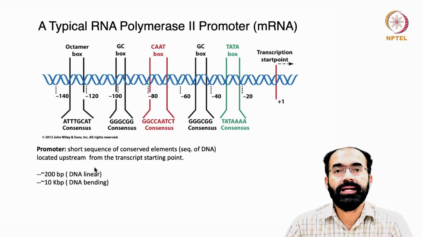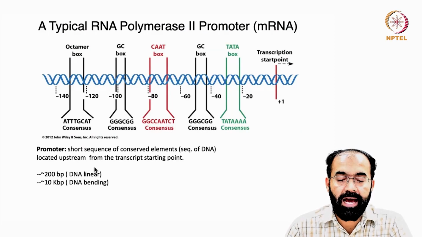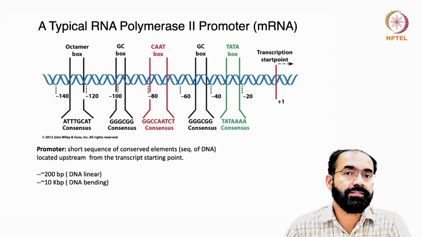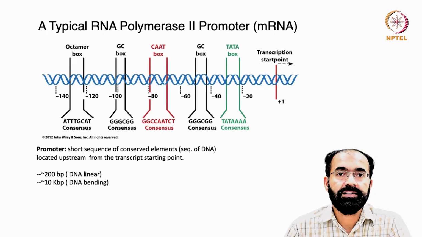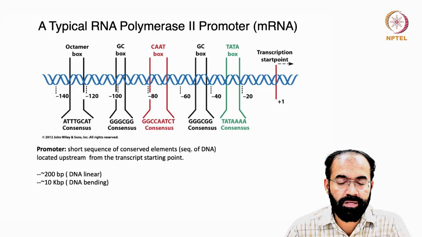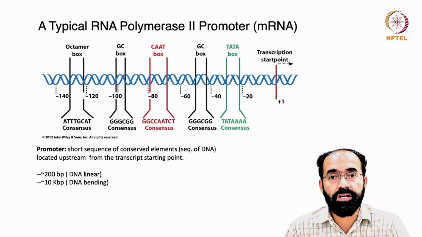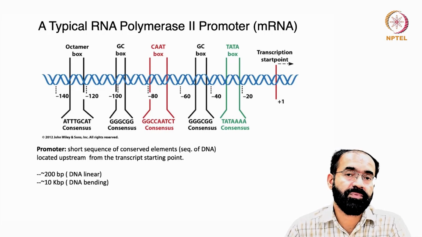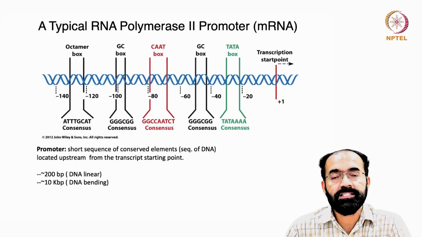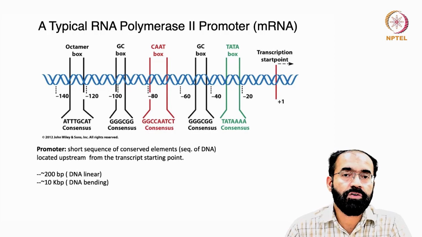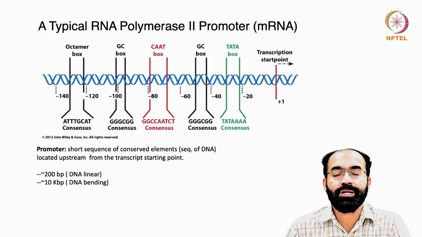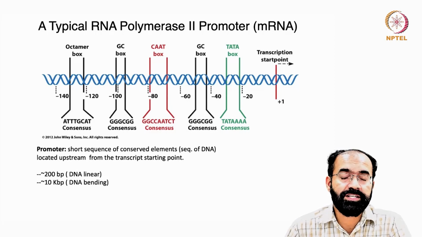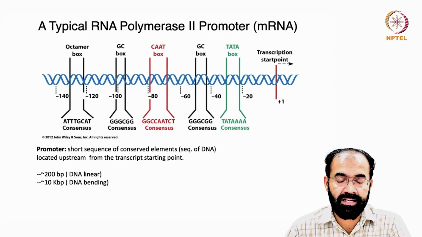A typical RNA polymerase 2 is well studied as a candidate gene, simply because gene regulation is more applied to RNA polymerase 2 than polymerase 1 or polymerase 3. It is because a cell gets its identity mainly because of the total diversity of protein present in that cell.